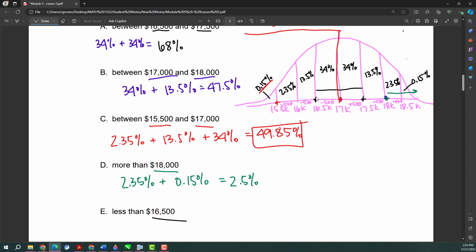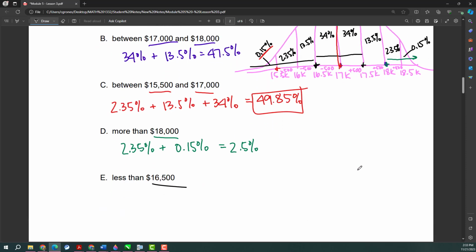So 16.5 is right here, and we want everything that is less than that. So we have 3 sections. We've got 0.15, 2.35, and 13.5. So 0.15 plus 2.35 plus 13.5, you should get 16%.